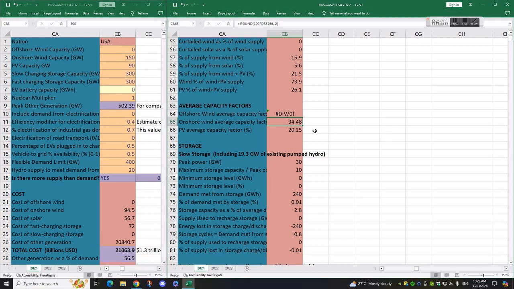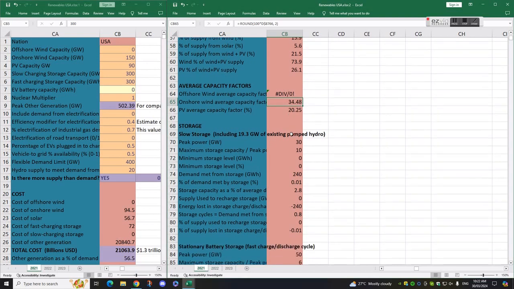PV average capacity factor, 20.25% for the year. That's a pretty good value for solar farms. Rooftop solar would normally be a bit lower, maybe 12 to 15% on average across the whole of the US. It depends on where they are, whether they're in sunnier, drier states or in wetter, cloudier states.